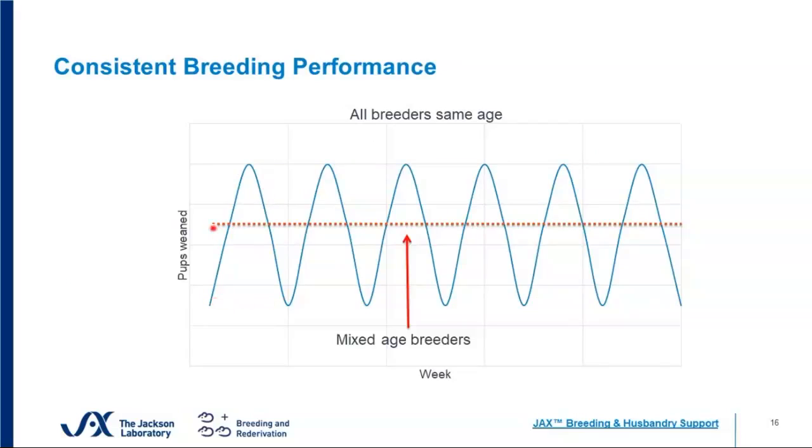And what that's actually going to do is give you a curve for the whole colony that's much flatter, which means the breeding performance with a mixed age colony is going to be more consistent over time. And if the breeding performance of your colony is more consistent, it becomes more predictable, and you're going to know when your mice are available to do your experiments, and you can plan those experiments a lot better and manage your time better if you have a mixed age colony.